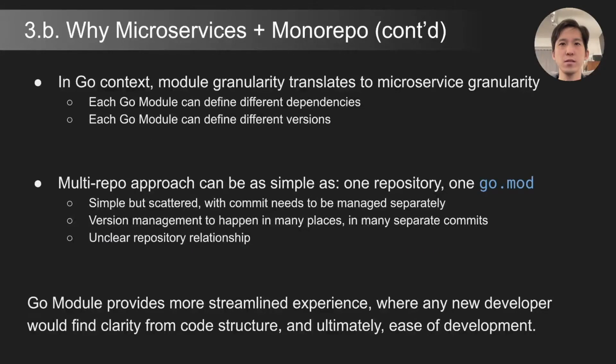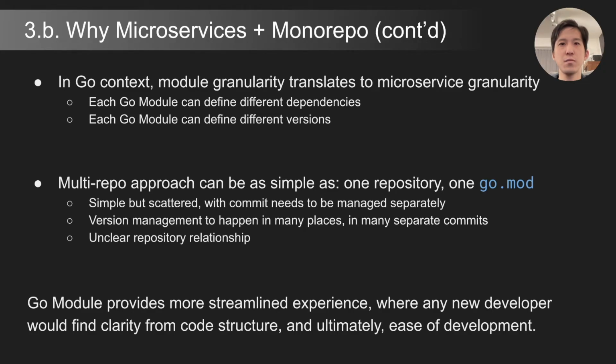In the Go context, go.mod is the important factor for microservices. The simplest approach would be to have one repository and one go.mod for the microservice setup. But that may not be the easiest setup from the developers' point of view. Developers may need to juggle many repositories at once, manage commit history for each, while also maintaining versions and dependencies between modules.